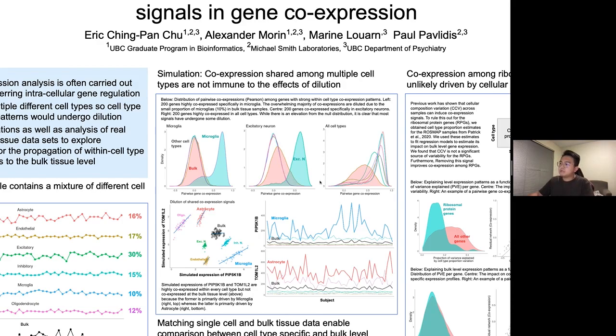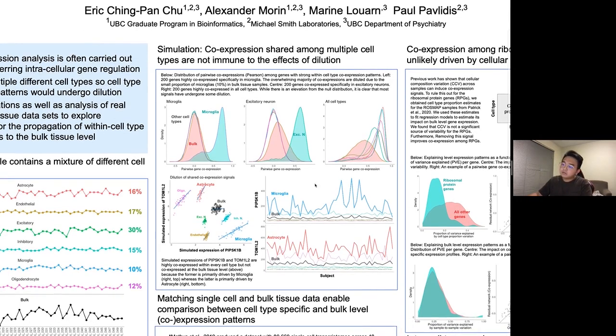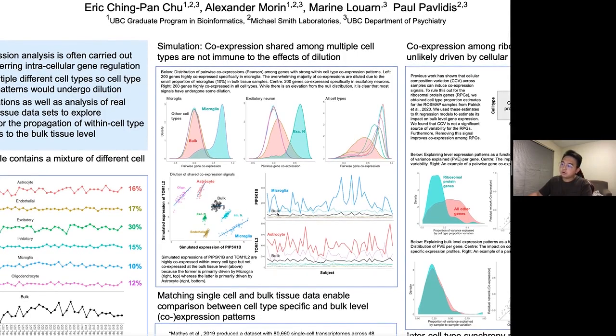What's kind of interesting is that even the co-expression signals that are shared among multiple different cell types would still undergo some dilution. They're not guaranteed to show up at the bulk tissue level, and that's what's been plotted here. The reason is you can have situations where, of the two genes, one may be primarily driven by one cell type, in this case microglia, and the other primarily driven by astrocyte.